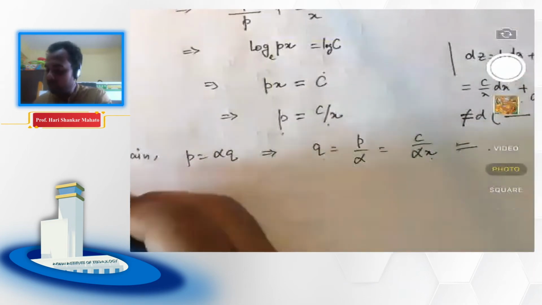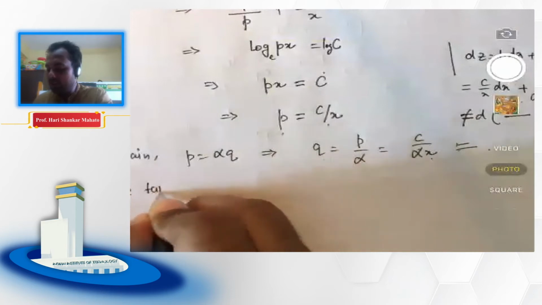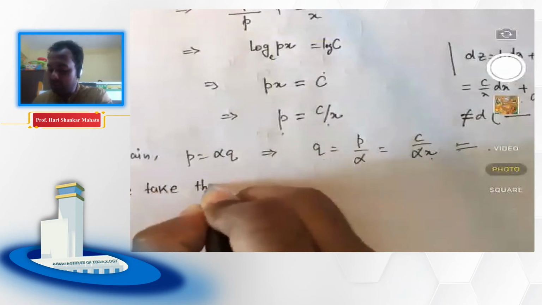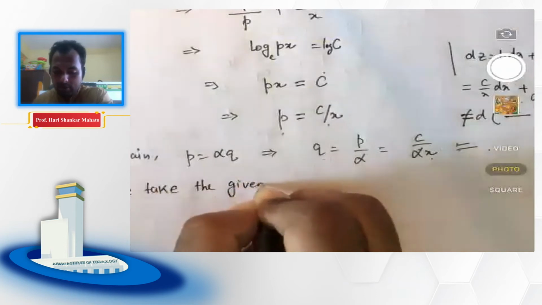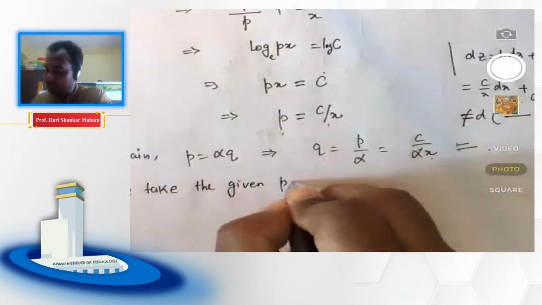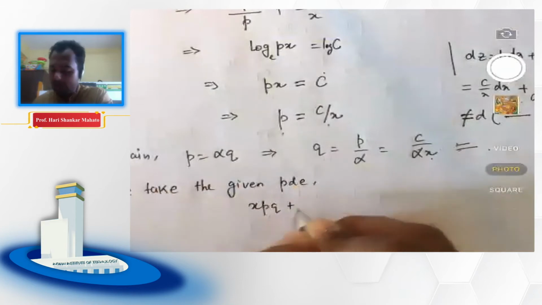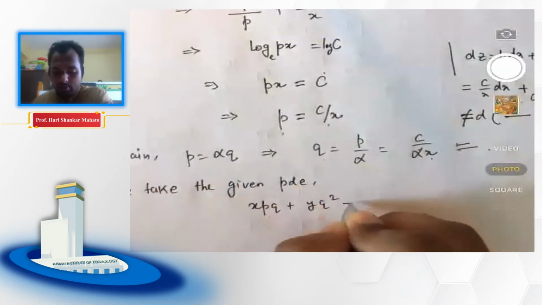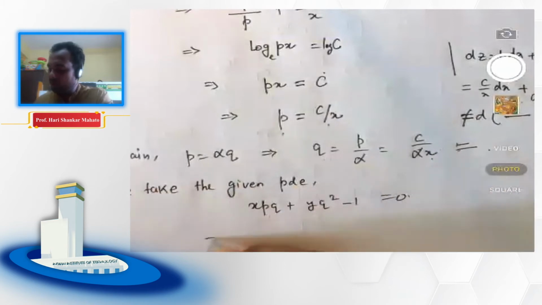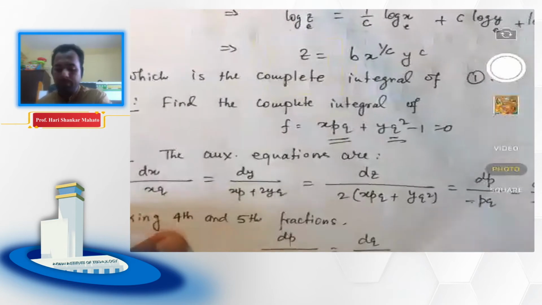So what we can do, we go back to the given PDE, which is xpq plus yq square minus 1 equals to 0. And now here we will substitute the value of p.